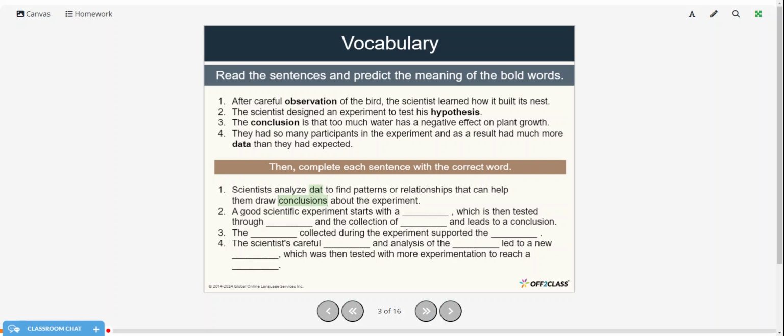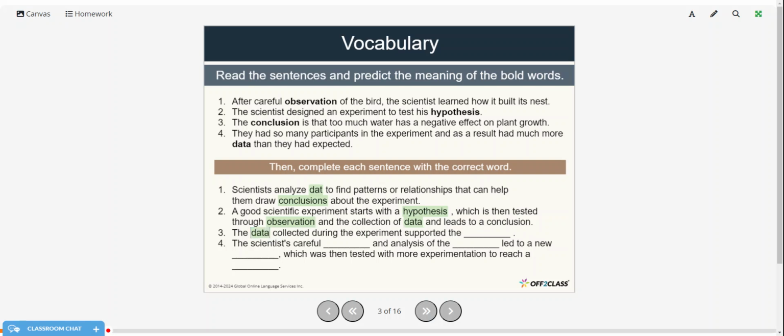about the experiment. A good scientific experience starts with a hypothesis, which is then tested through observation and the collection of data and leads to a conclusion.